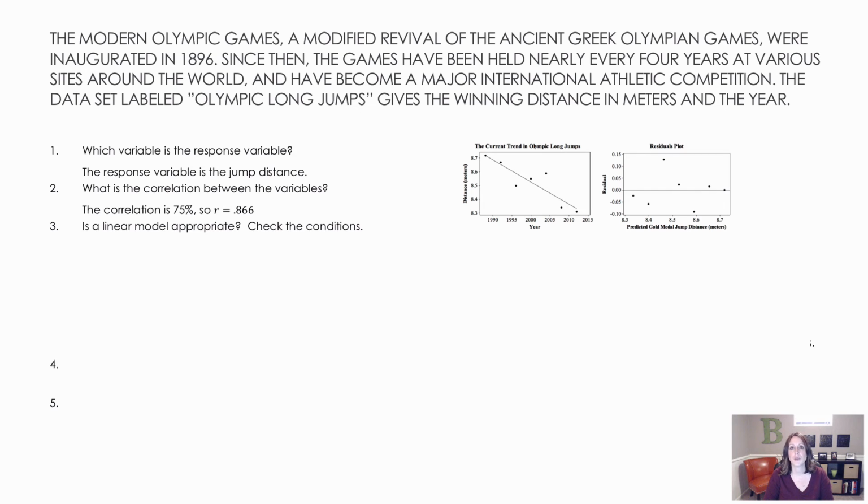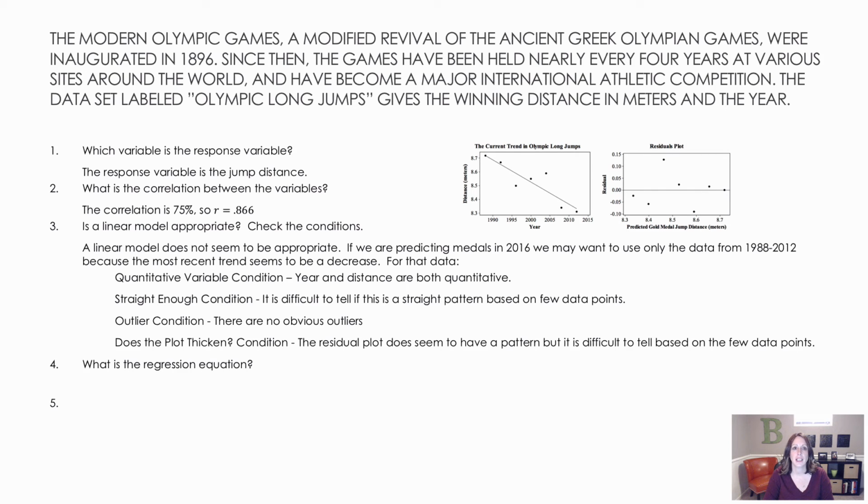Now, based on this new data, I can say that initially it did not seem to be appropriate, but now we're using this new data, and they're both quantitative, year and distance. The straight enough condition, again, we don't have a ton of data points, but it does seem to be going in a negative linear direction. I've got some issues in here, possibly.